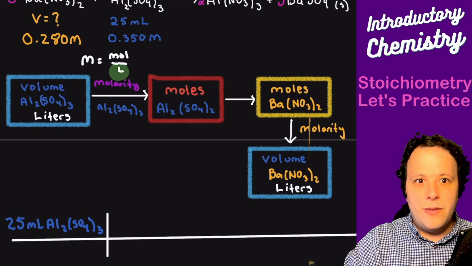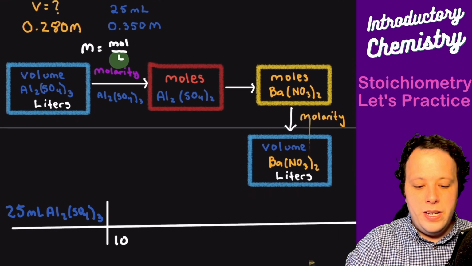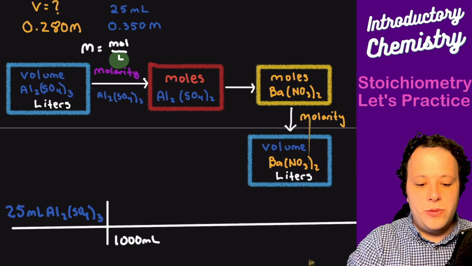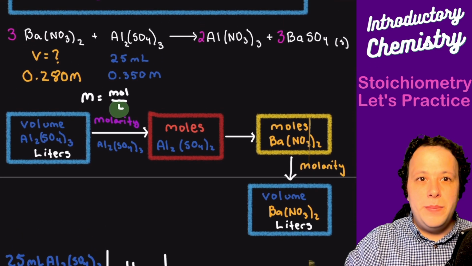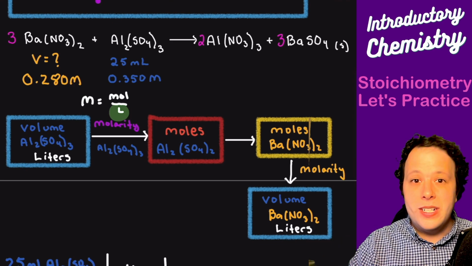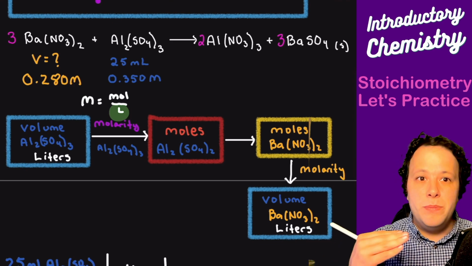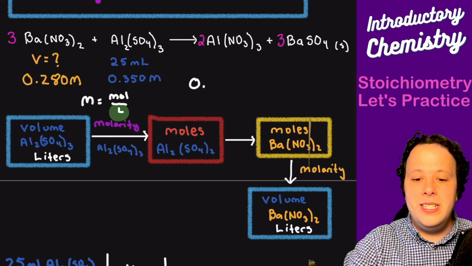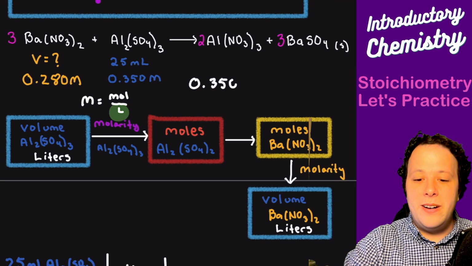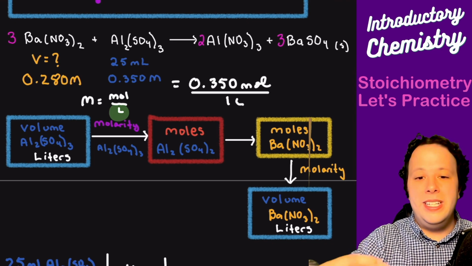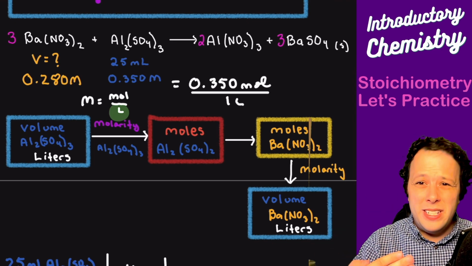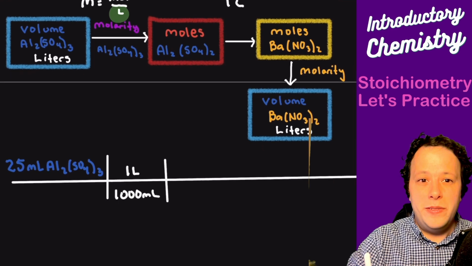Remember that 1,000 mL is equivalent to 1 liter. From there, we are going to use the molarity to convert liters to moles, because 0.350 molar is equal to 0.350 moles over 1 liter. These are equivalent to each other, and that's one of the hardest things to remember.